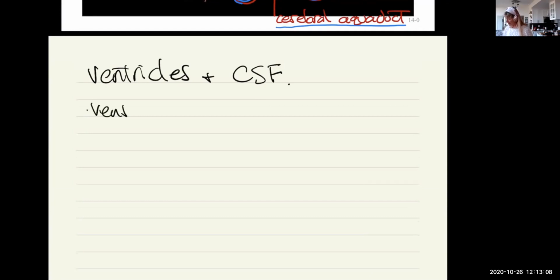So the ventricles are lined with a specific kind of glial cell. It starts with an E, if you can remember. Does anyone remember? It starts with an E. Ependymal.